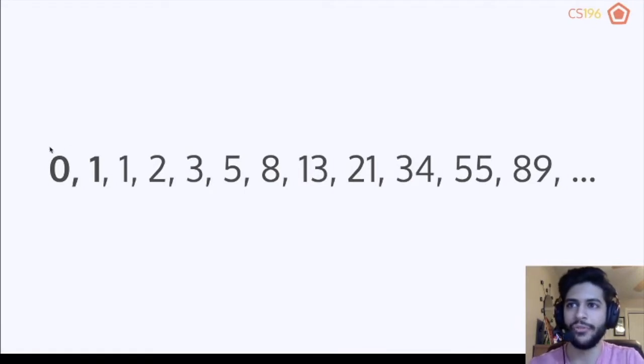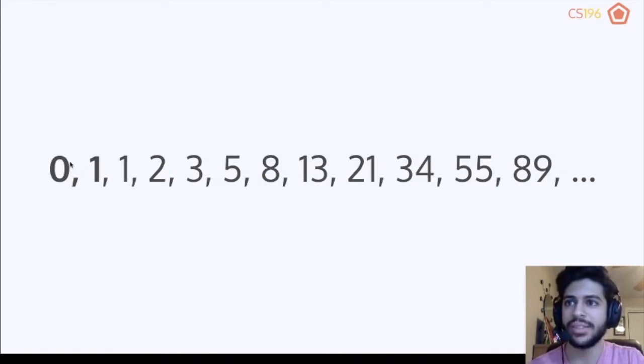To calculate the nth Fibonacci number, we just need to know what the two numbers before it were. So for example, this is the 0th Fibonacci number and the first Fibonacci number. These two are our base cases. As long as we know these, we can calculate any Fibonacci number.